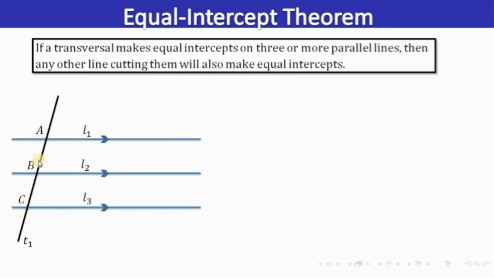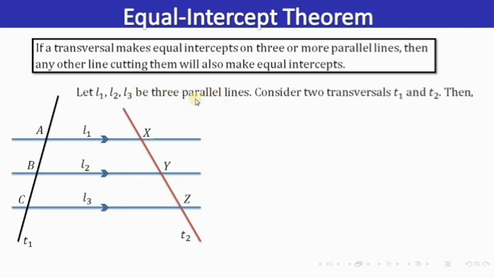If AB and BC are equal here, and I take another transversal, then the intercepts made here are XY and YZ. Now if AB and BC are equal, then this other line will also make equal intercepts. That means XY and YZ must also be equal. That's the meaning here.